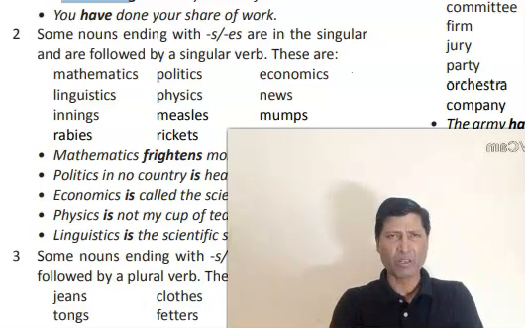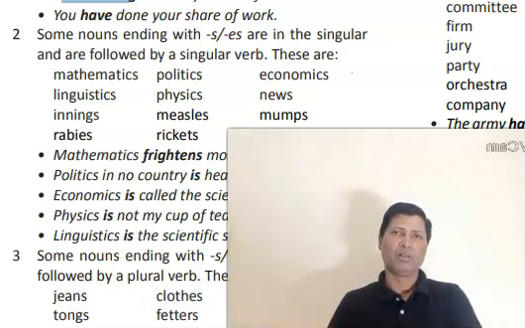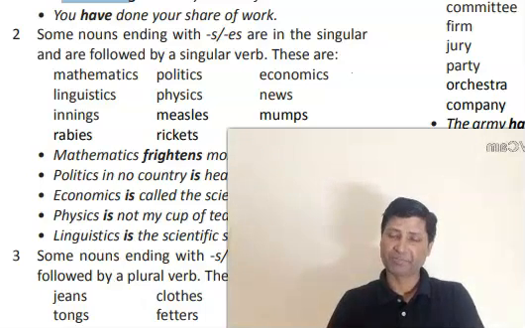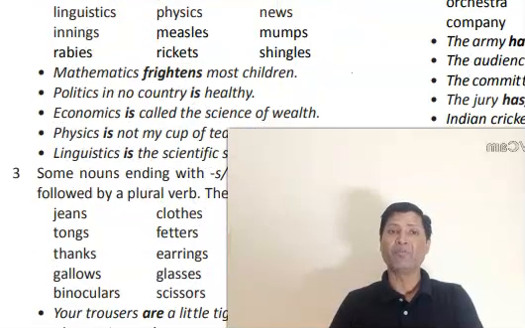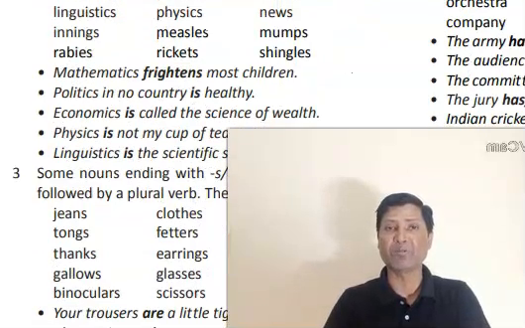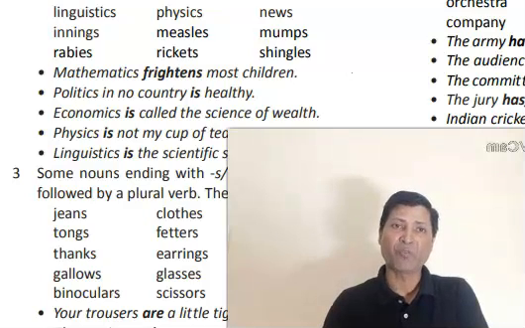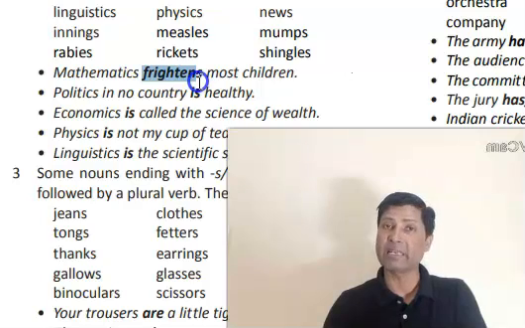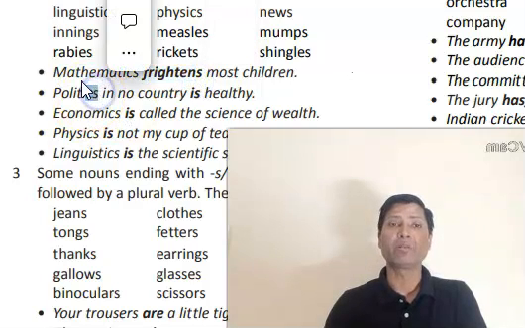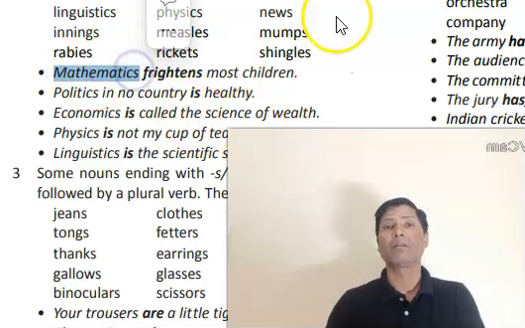There are some more. You can add that list to this list. Now, one example is enough. Mathematics frightens most children. So here frightens is singular because S has been added, because this noun mathematics is singular.